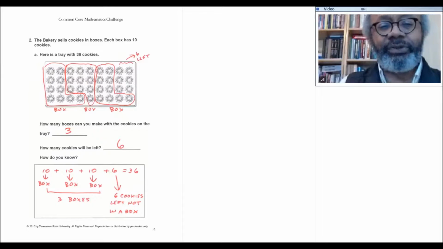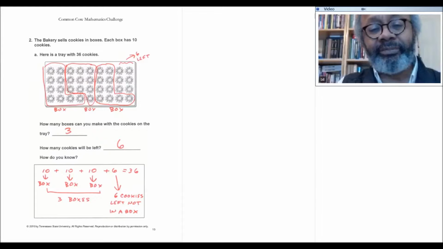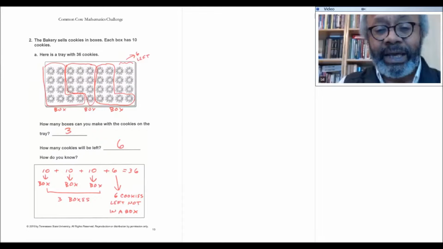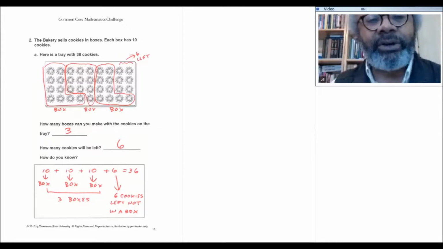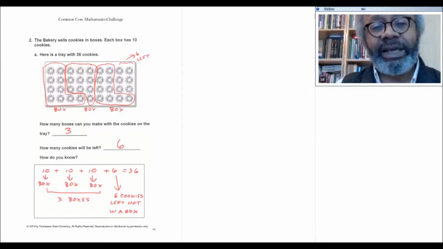They have boxes that will fit 10 cookies at a time, and they're trying to figure out how many boxes they need for the cookies on this tray, and if any are left over. So there's a picture that actually has the 36 cookies there. You see that in the picture, they can actually encircle groups of 10.